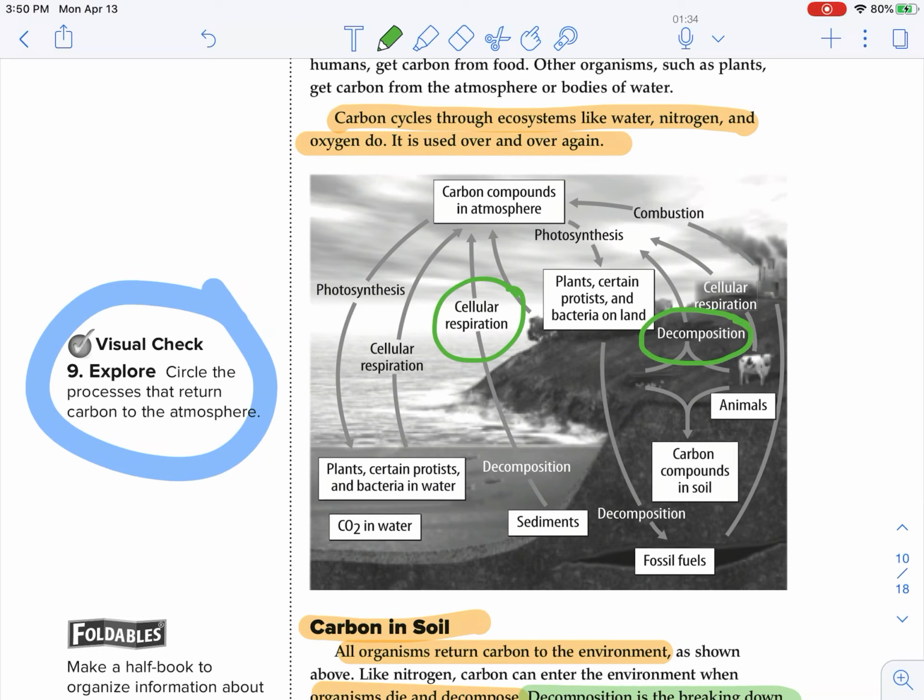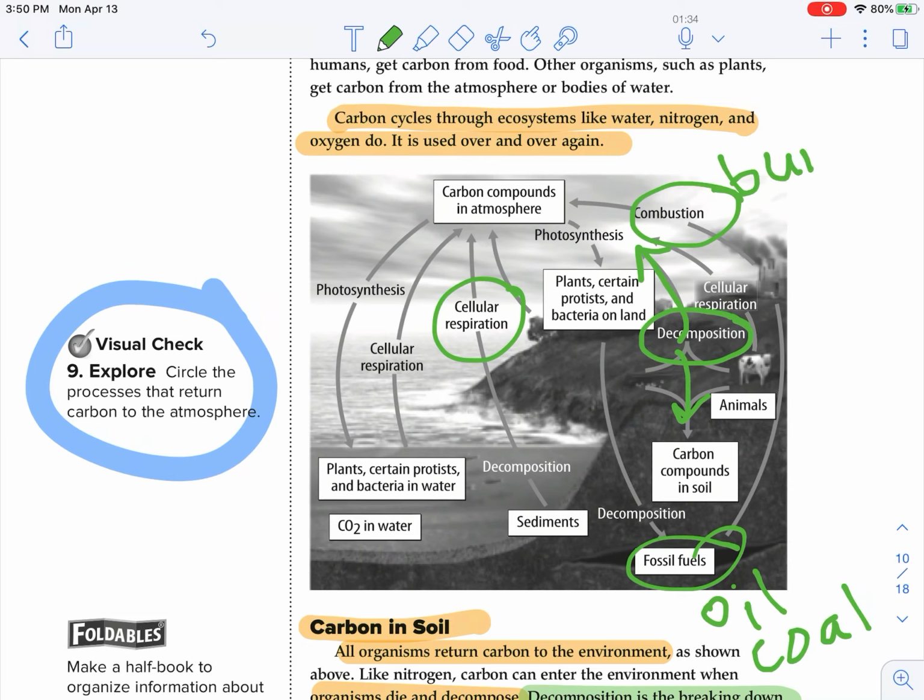That is the breaking down of dead organisms and plants, and some of that carbon is going to go into the soil, but then some of it also is going to go into the air. And then combustion, and that is the burning of the fossil fuels down here, which is going to be our oil and our natural gas and our coal. Okay, that's going to be the burning.